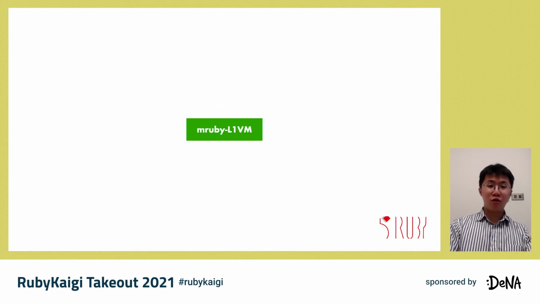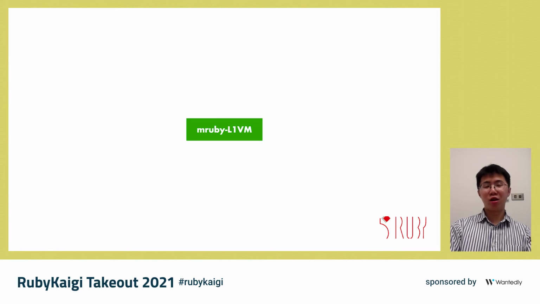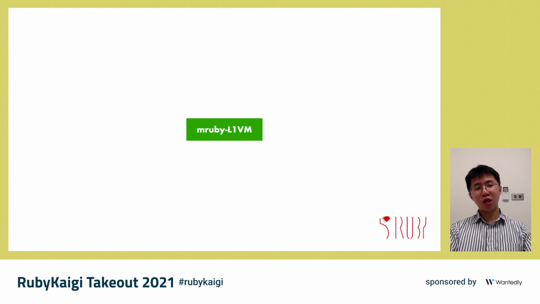So I found another project, the mruby L1 VM. This is because I tried to convert our game from Flash to HTML5, and I tried to let our players use mruby to write some scripts to extend our game. But it was very hard, and I was not successful in building this program. But when I researched it, I found this project.